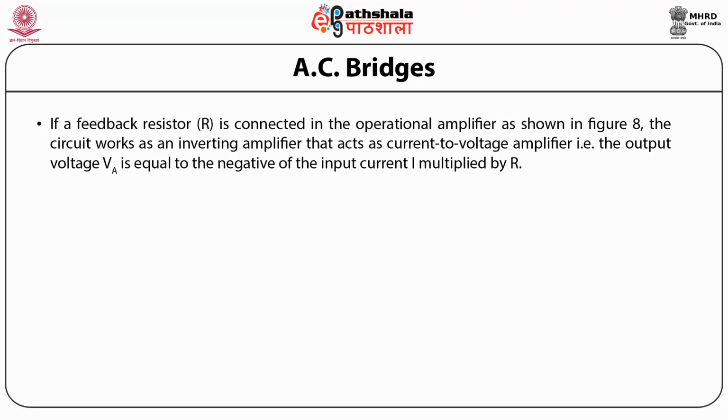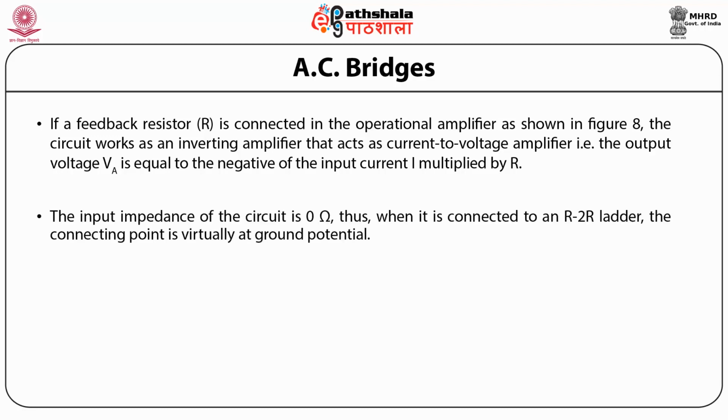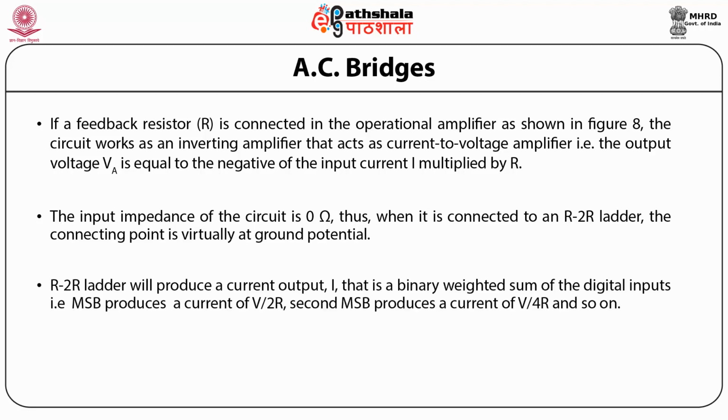That is, the output voltage VA is equal to the negative of the input current I multiplied by R. The input impedance of the circuit is 0 ohms. Thus, when it is connected to an R2R ladder, the connection point is virtually at ground potential. The R2R ladder will produce a current output I, that is the binary weighted sum of the digital inputs.